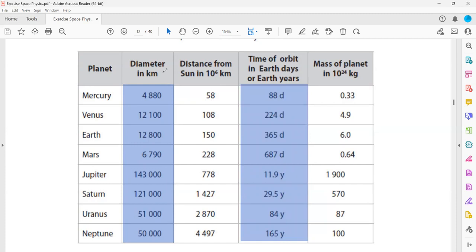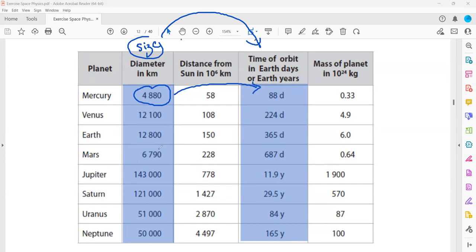It's not like a small planet will take a short time. It's mainly not about the size of the planet. It depends on the distance between the planet and the sun, the orbital distance. So size does not have any direct relation. Like, as you see, the smallest one here, Mercury, takes 88 days.